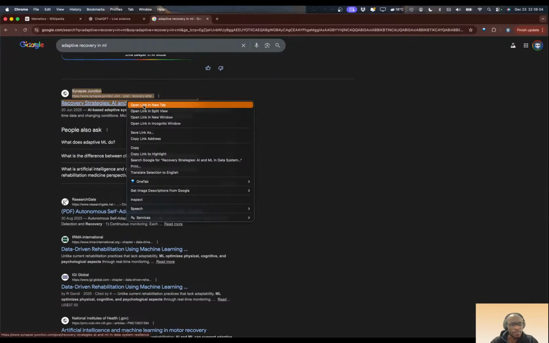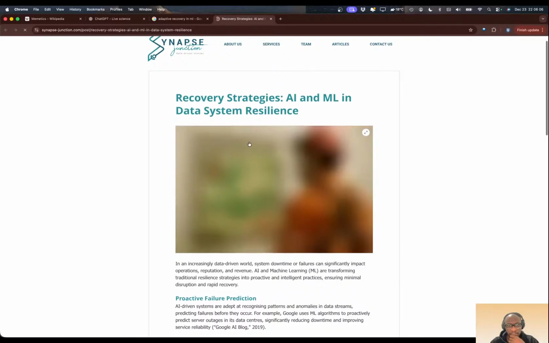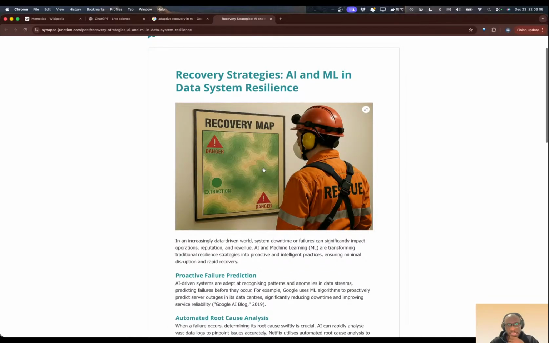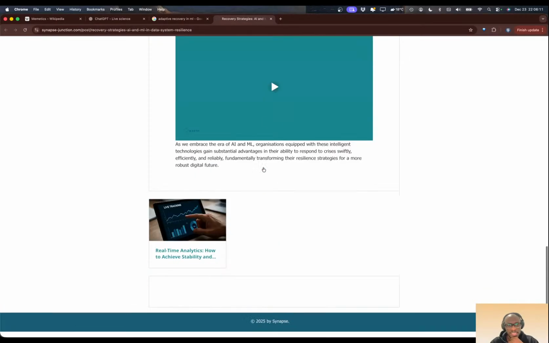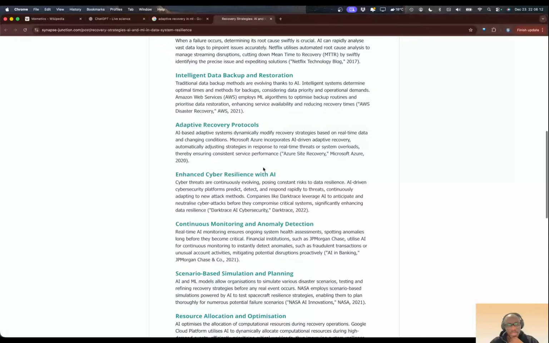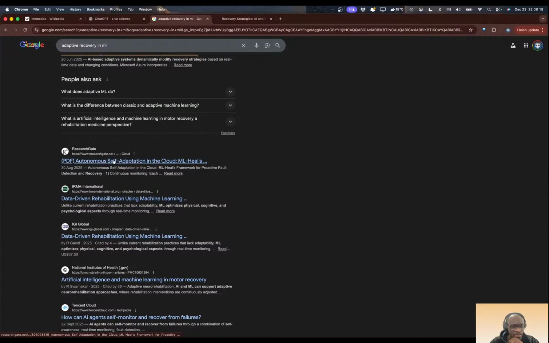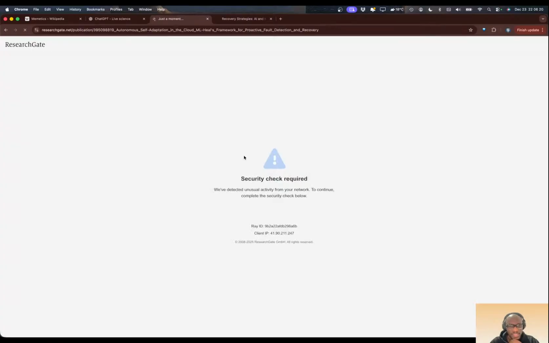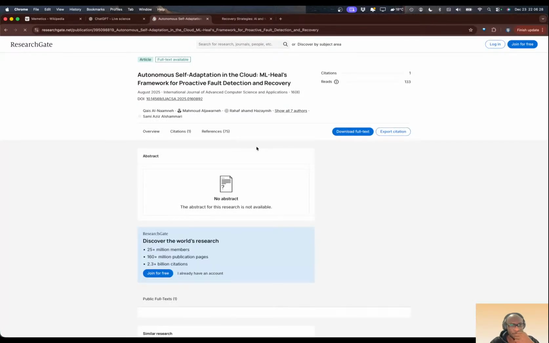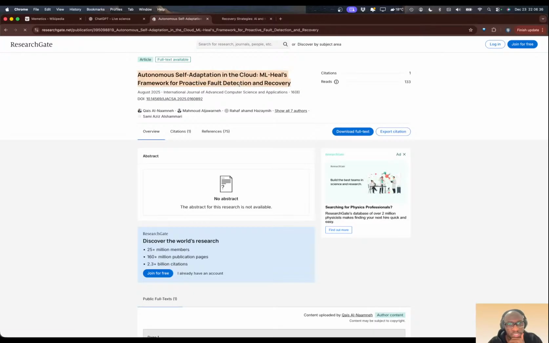It looks like people are also talking about recovery here, recovery strategies, AI and ML in data system resilience. But I think this is more like data centers or something. Autonomous self-adaptation. Okay, what is this? Security. Research gate. I'm not a robot. Okay, self-adaptation in the cloud. ML's Hills framework for proactive fault detection.